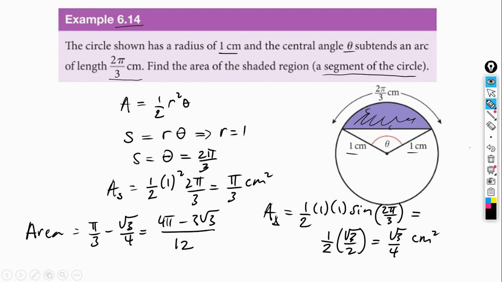And if we plug this into the calculator and round to 3 significant figures, we are going to get approximately 0.614 centimeters squared. Again, rounded to 3 significant figures.